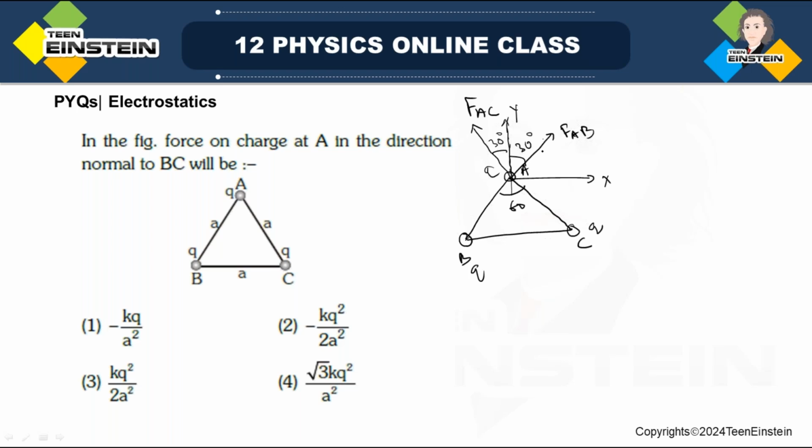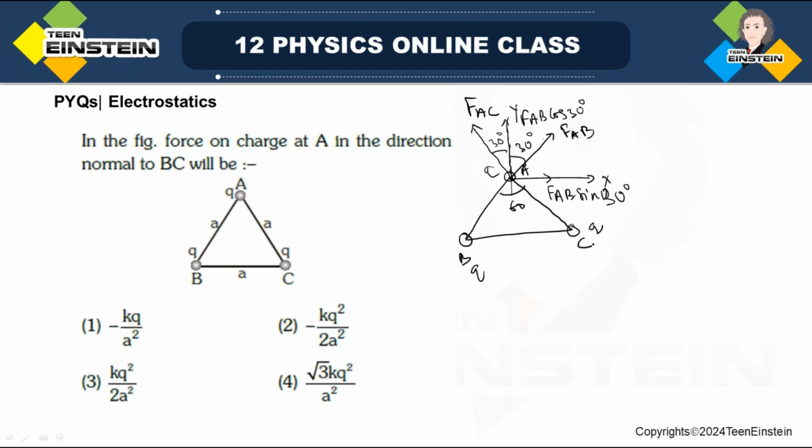So these two forces will have components. One along this way, this FAB sine 30. And along the vertical direction there will be FAB cos 30 degrees.